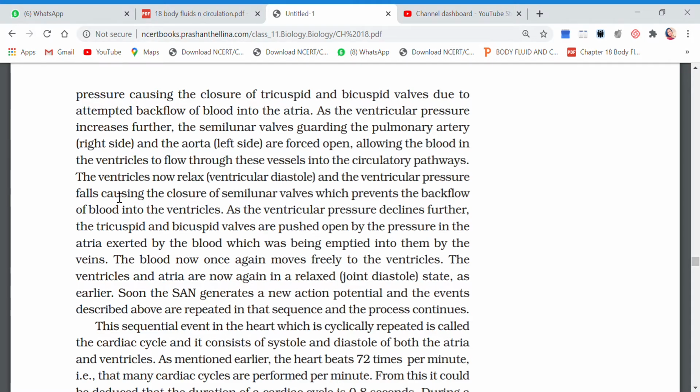As the ventricular pressure falls, the semilunar valves also close and prevent the backflow of the blood into the ventricles. Now, as the ventricular pressure declines further, the tricuspid and the bicuspid valves, which were closed, will now be opened by the pressure in the auricles exerted by the blood which is being emptied into them by the veins.